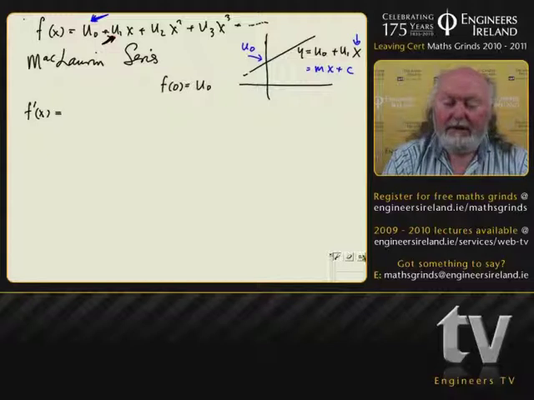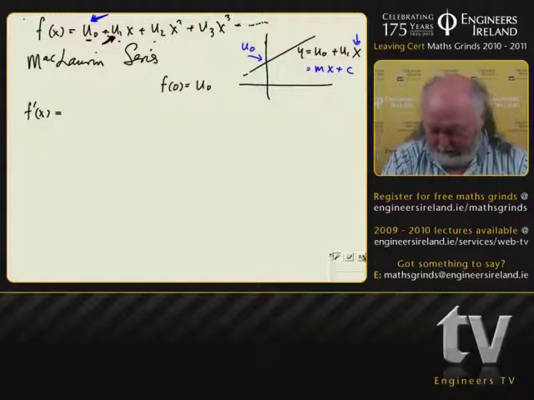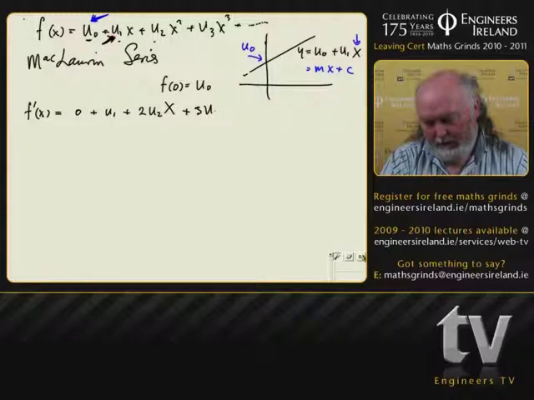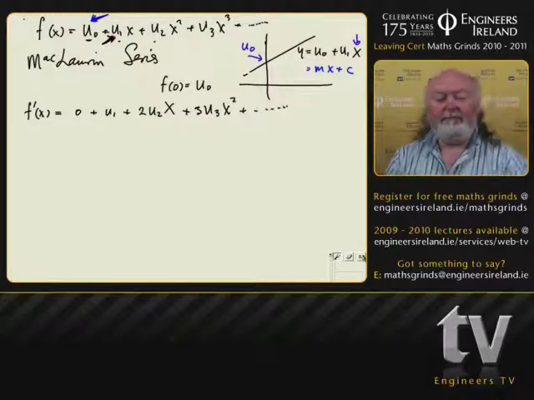I'm now going to differentiate all of these guys up here. And you will say, well, clearly I'm going to get a nothing plus a u1 plus 2u2x plus 3u3x squared plus and on and on and on and on.